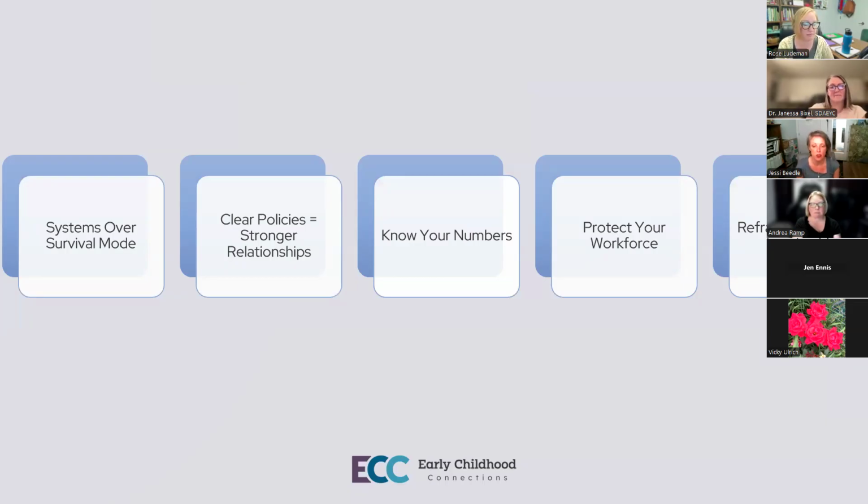Systems can ensure predictability and provide some automation to the mental load that we carry as directors, leaders and teachers. Clear policies create clear expectations, which we were talking about for families, but also for employees and anyone coming into your space, so you can show them how your vision is coming to life. This is the foundation for strong working relationships with families and your team.